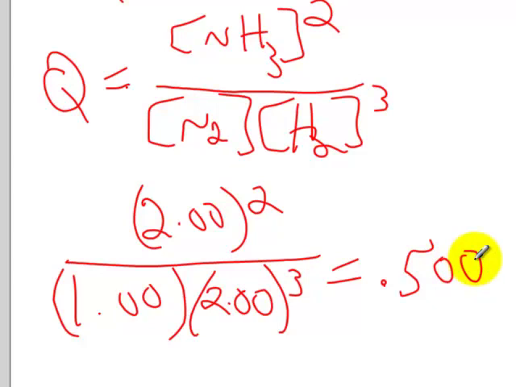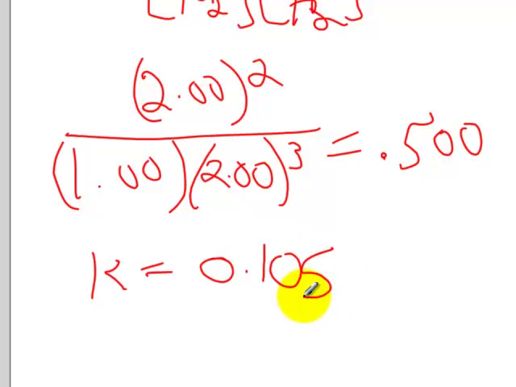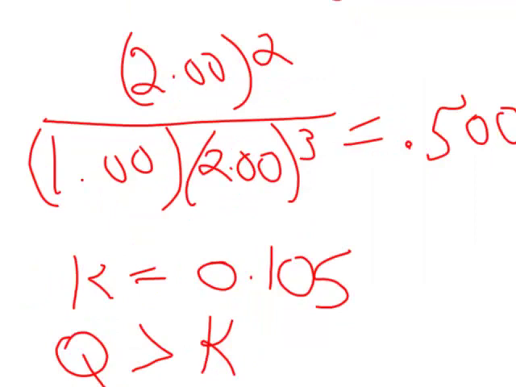Now, the thing to do is to compare Q to K. K, for that reaction, we know to be 0.105. Q is 0.5. That means Q is greater than K. What does it mean to say Q is greater than K?